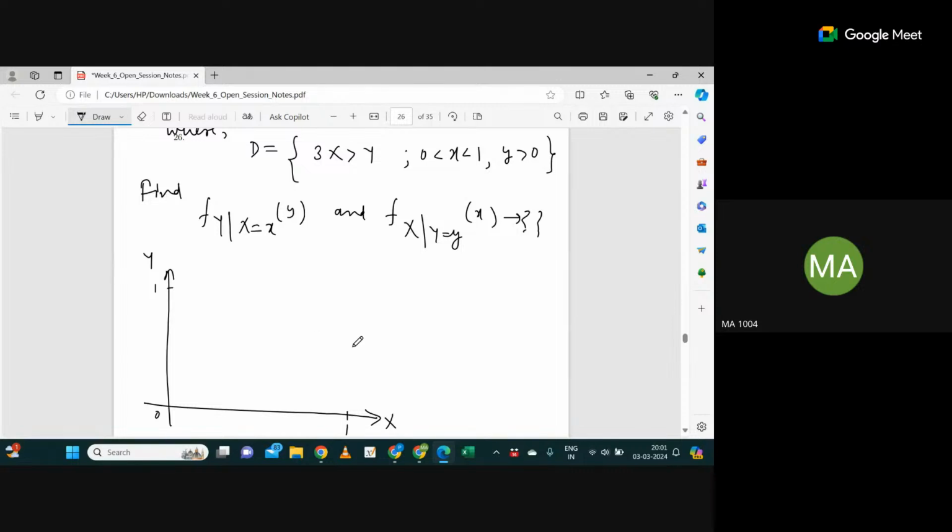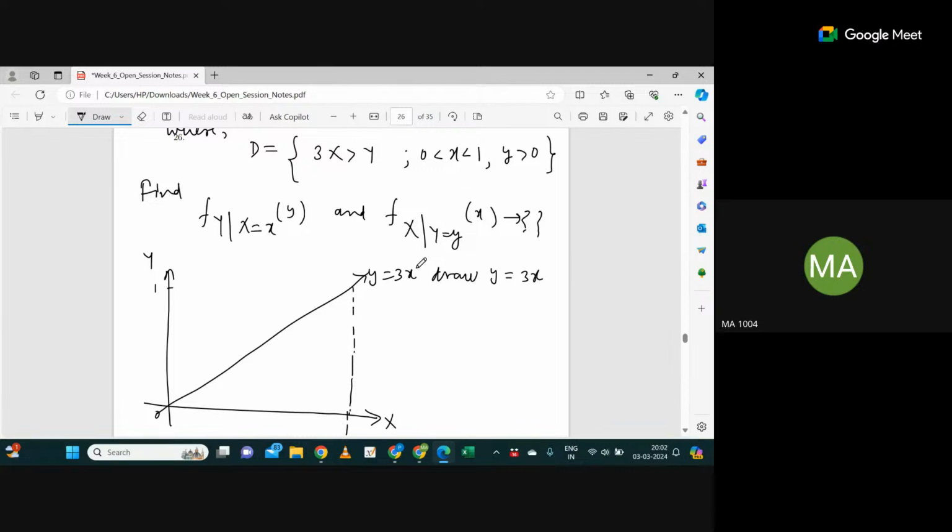So here I have to draw y equal to 3x. Yes? So y equal to 3x will be somewhat like this. I mean the slope we have to adjust properly, but the main focus here is to find the limits.